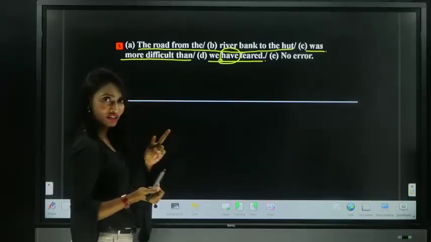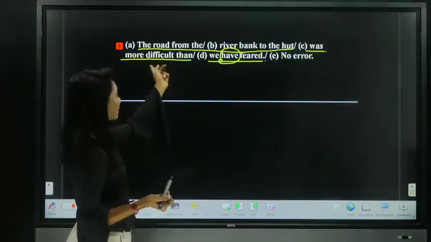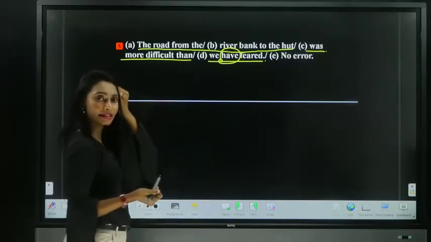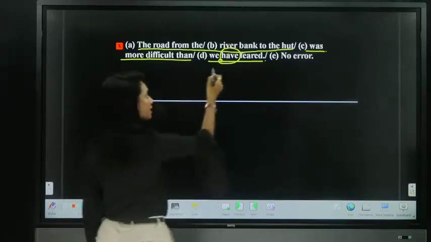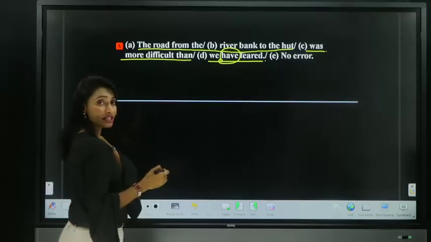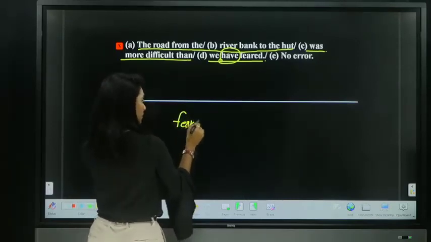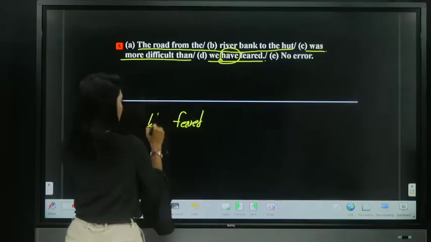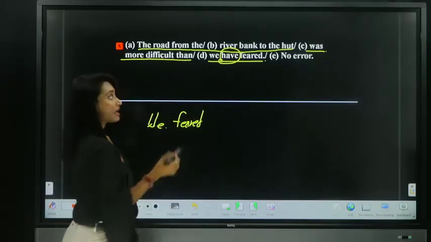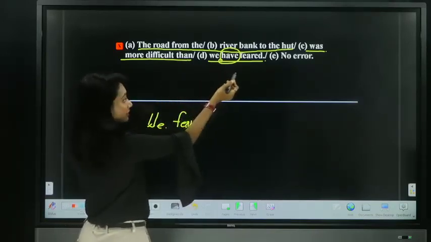Now, which is first action? There are two actions, right? We are comparing here. Difficult, more difficult than. So, which is first action? We feared. We fear something, so we feared is first action, and now we experienced, right?